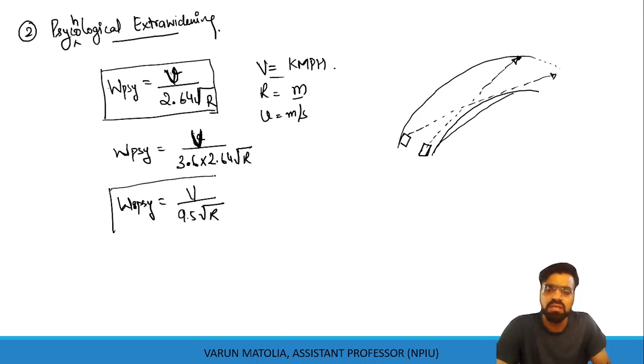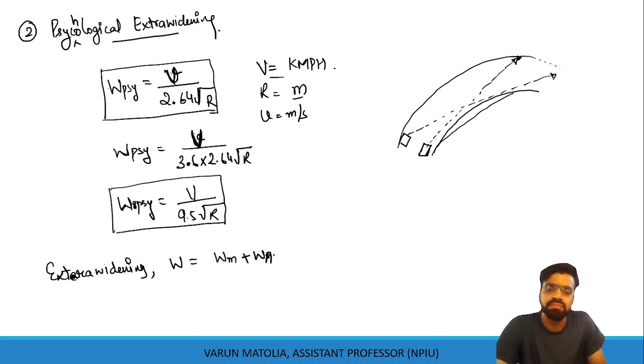So this is psychological extra widening. And the extra widening can be written as W. This is equal to the sum of mechanical and psychological extra widening, and the combined equation will be: extra widening W equals mechanical plus psychological.